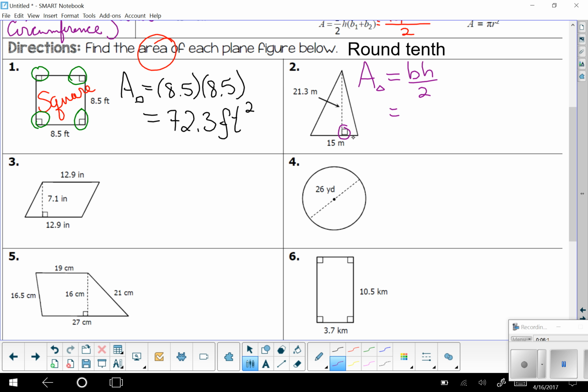My base is 15. My height is 21.3. That's going to be divided by 2. If we do that in the calculator, the area of the triangle is going to equal 159.8 meters squared.